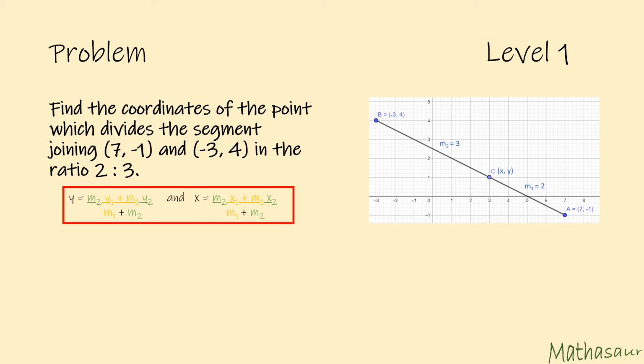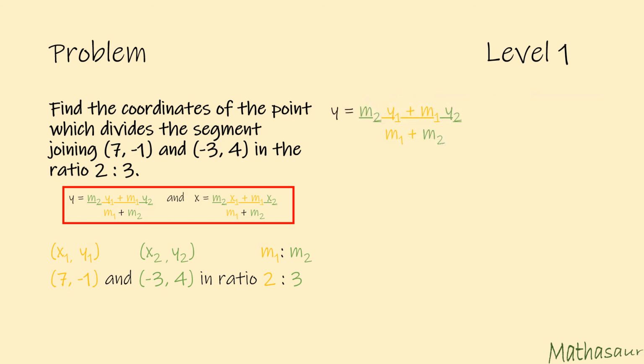Alright, let us write down the section formula. Now let us call the coordinates of point A as x1, y1, the coordinates of point B as x2, y2, and the ratio of AC is to CB as m1 is to m2. Now this becomes simple. We just have to substitute these values into the section formula.